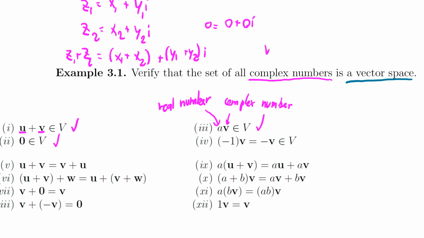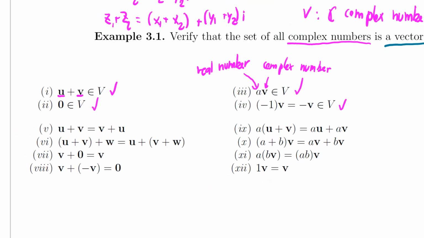Remember again, my v is here in the set of complex numbers. Negative 1 times v, or the negative v, a negative of a complex number is also a complex number, so this one's checked. And then the remaining 8 are going to be kind of obvious.